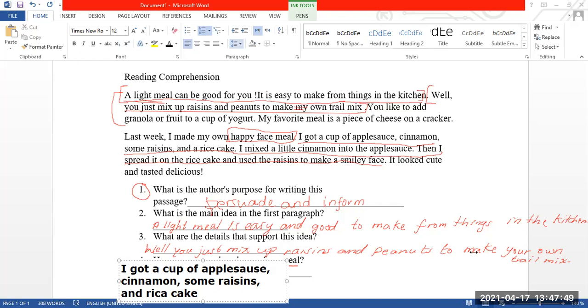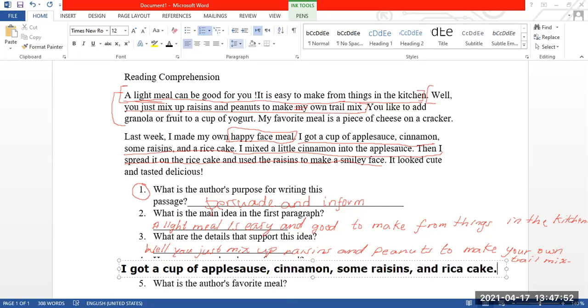And I can write the details in here by completing the rest.